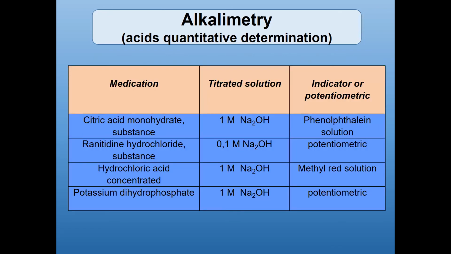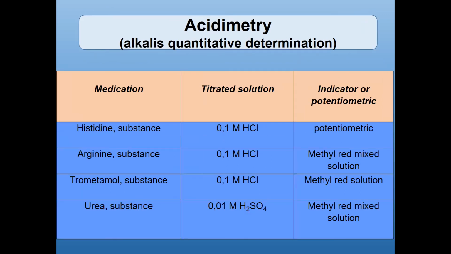Alkalimetry is used to quantify citric acid, ranitidine, and other medications. Acidimetry is used to quantify histidine, urea, and other medications.